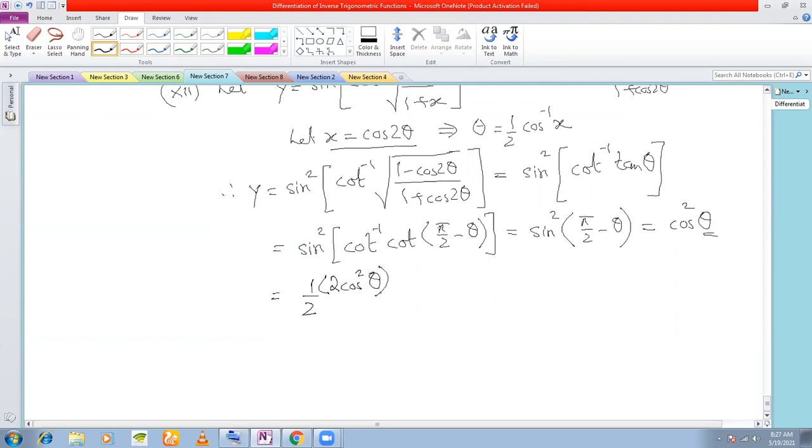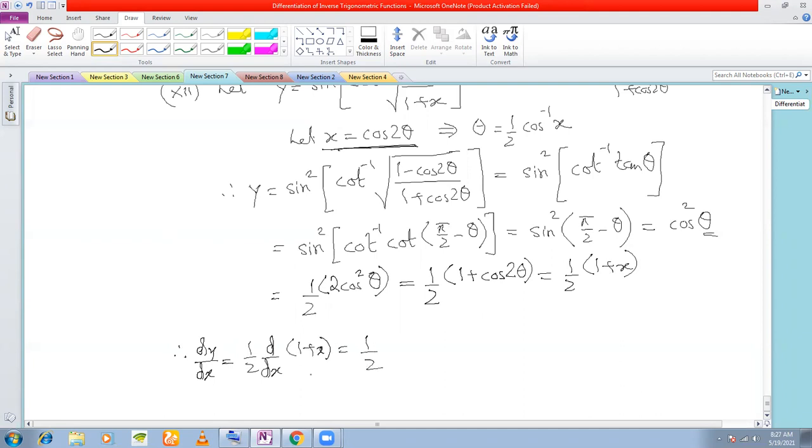That is why I write cos square theta as half of 2 cos square theta, and then 2 cos square theta I can write as 1 plus cos 2 theta. And you know, this cos 2 theta is x. So this is simply equal to half of 1 plus x. Now we can differentiate, which is equal to half. That's it. Okay, that takes care of your differentiation by trigonometric substitution.